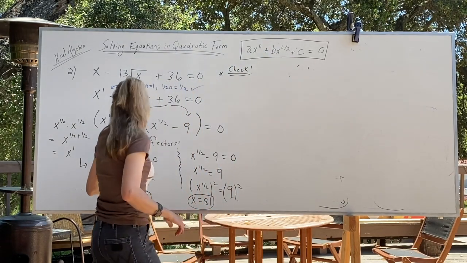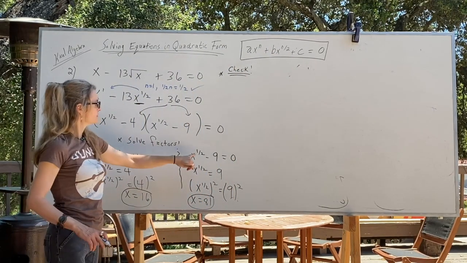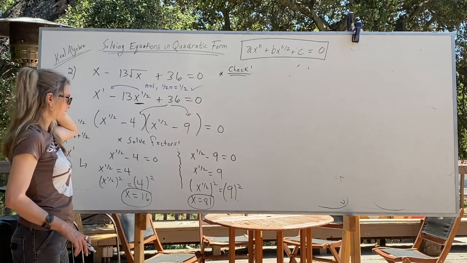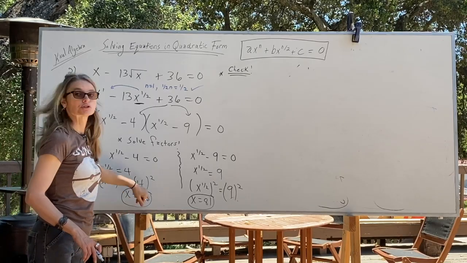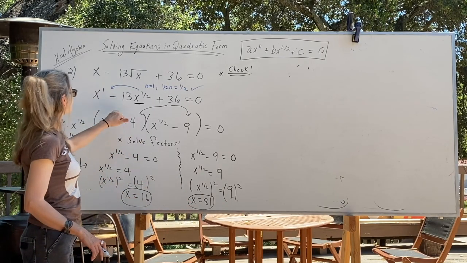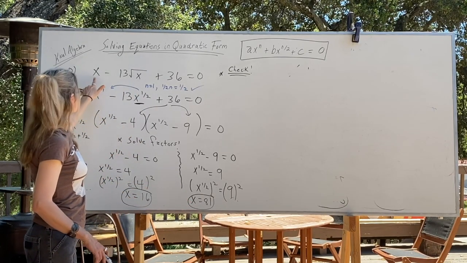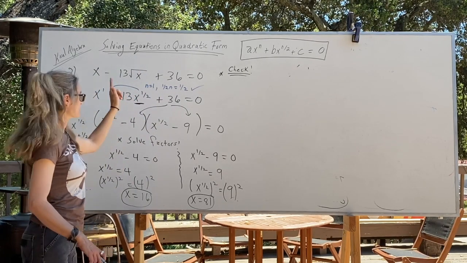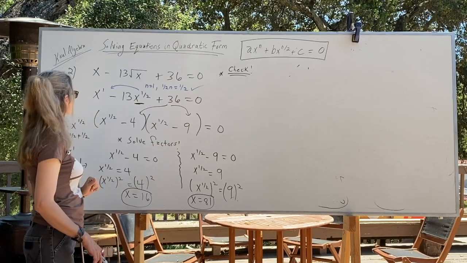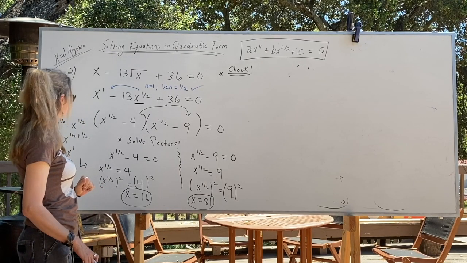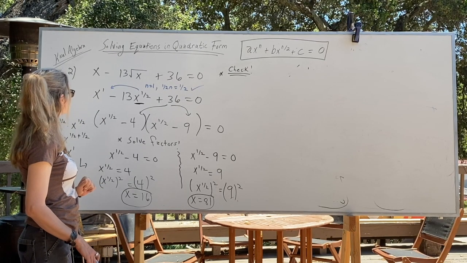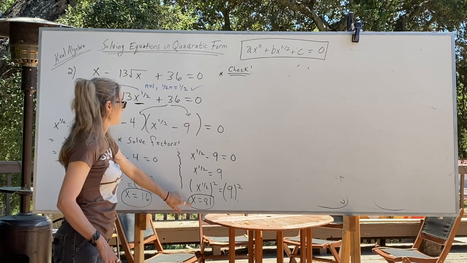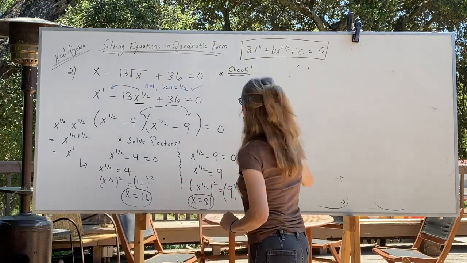It's just when they become rational numbers, or when you're using fractions or negative exponents. So those can be trickier. So here, if I plug in 16, I will get the correct solution. I will get 0 equals 0. So then you also do that with 81. You could do a quick check on that.